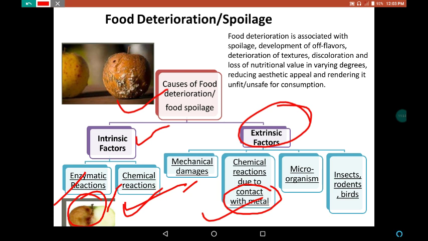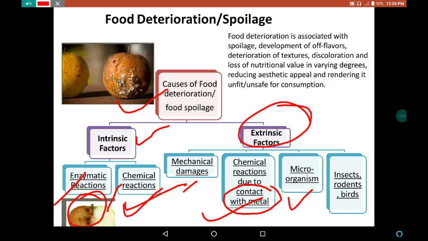Because it reacts. The milk or curd is reacted by the brass metal. When food comes in contact with any metal, foods of acidic or alkaline nature can react with that metal. For example, buttermilk kept in a brass vessel deteriorates or spoils.